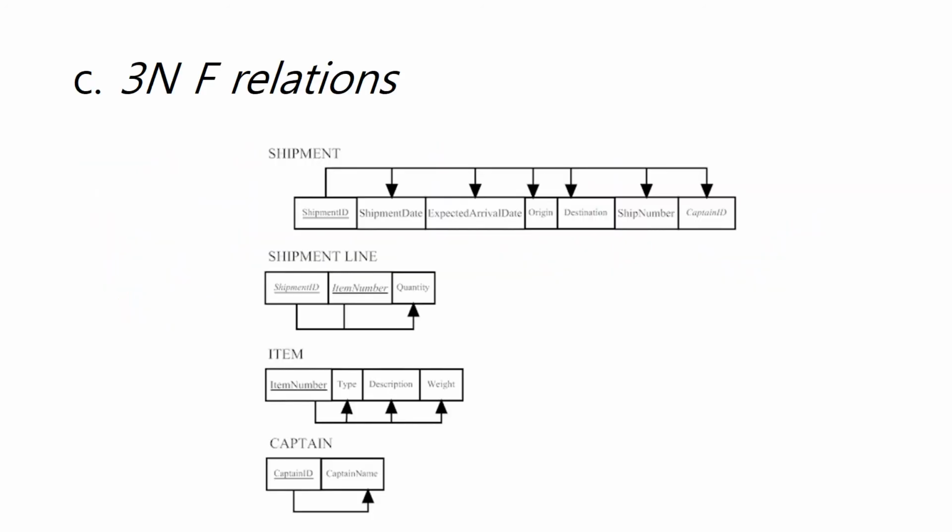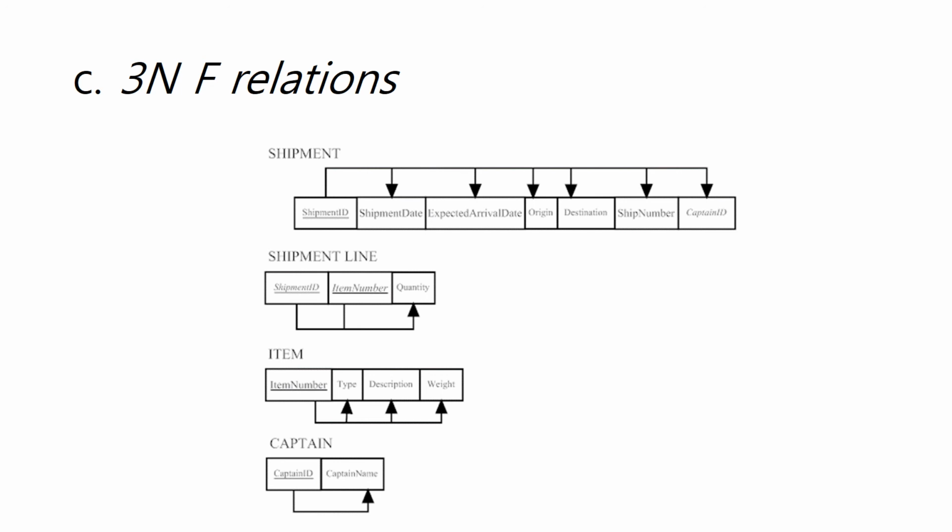C. The third normal form relations. So decompose manifest into a set of third normal form relations. Shipment table: shipment ID, shipment date, expected arrival date, origin, destination, ship number, captain ID.